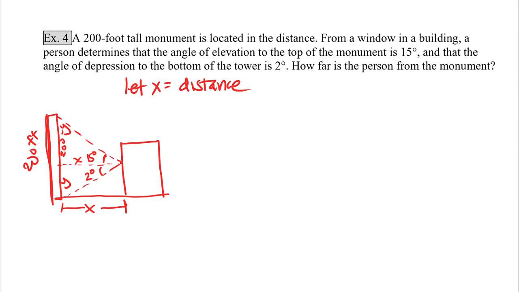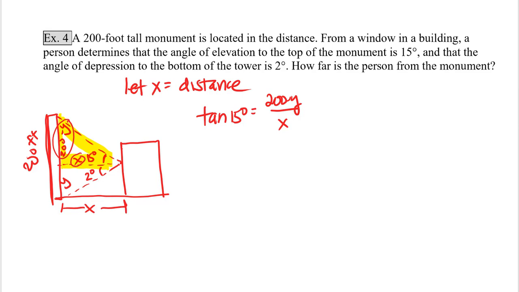And now I'm going to use SOHCAHTOA for the two triangles to write two equations. So let's look at this top triangle. I've labeled the opposite side and I'm looking for the adjacent side. So I can say then that the tangent of 15 degrees is 200 minus y over x.